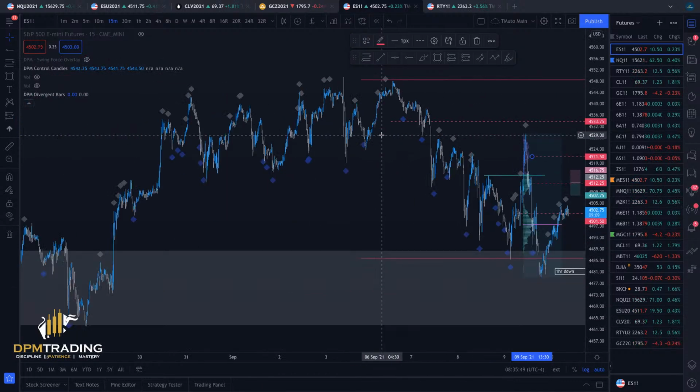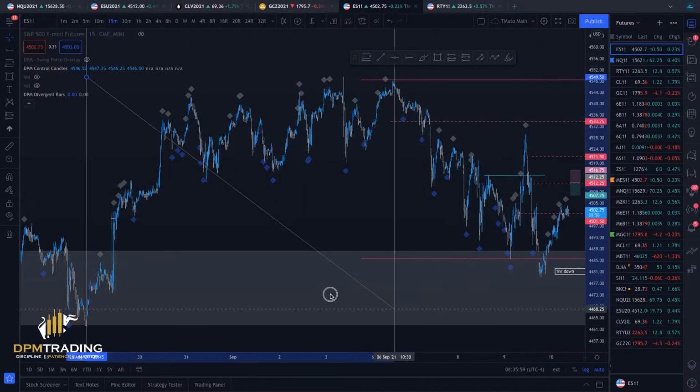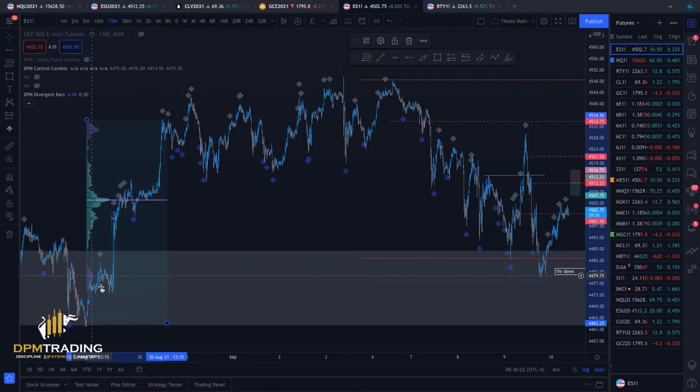Nothing major from support as far as short-term trading goes. Nothing too crucial that I'm watching. We'd really have to be more concerned with this stuff from over here if we're looking at support. This is about where we came down to in the post market yesterday, this little chunk right here.